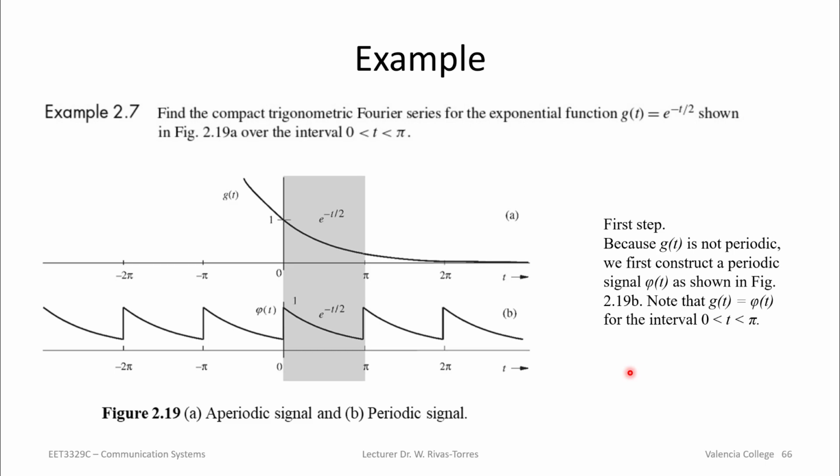Here's an example. So again, we're going to start off by taking a chunk of a signal, g of t, and making the assumption that it is periodic. So we're going to take between 0 and pi, and then we're just going to repeat it to come up with our periodic signal, right? So in A, you have the aperiodic signal, and in B, you have the periodic signal, right?